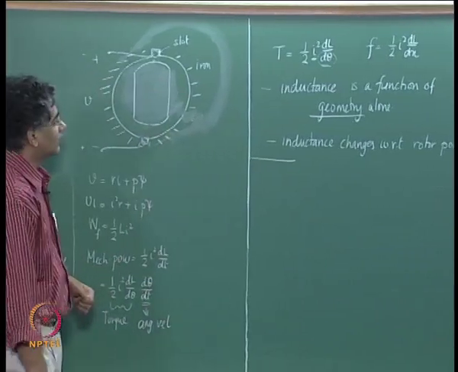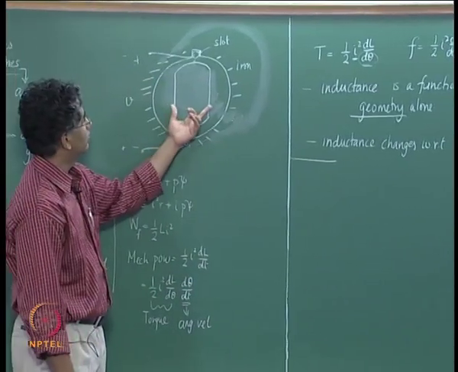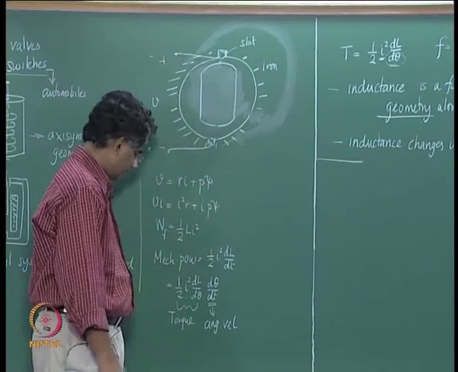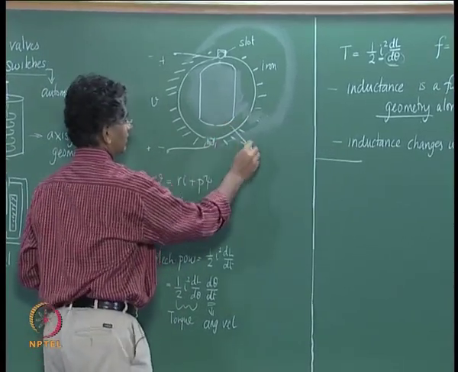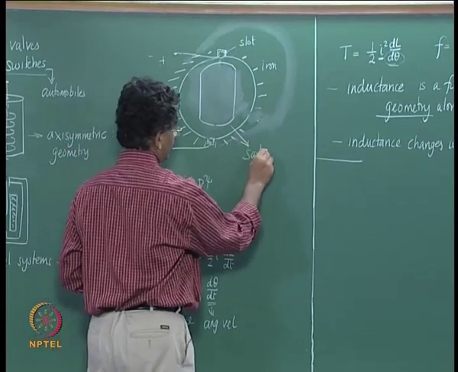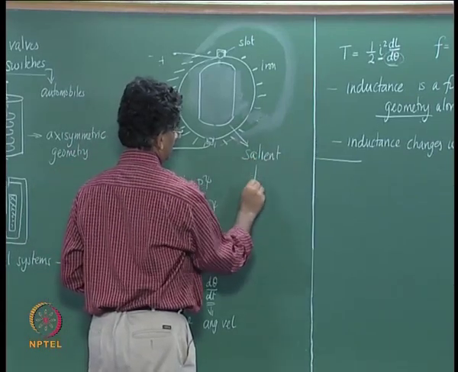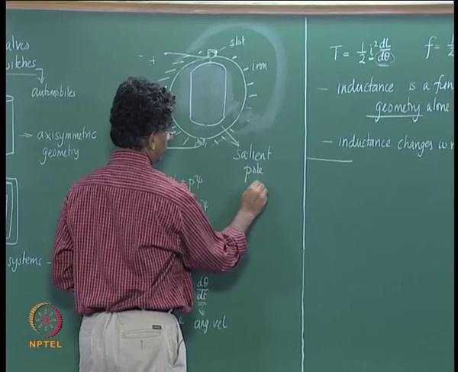However, one can now look at a system where the rotor, incidentally this kind of rotor is called a salient pole rotor.